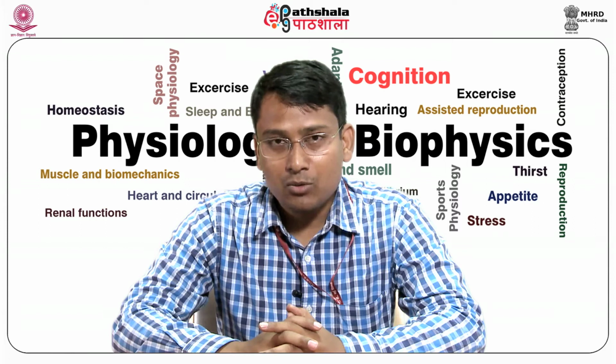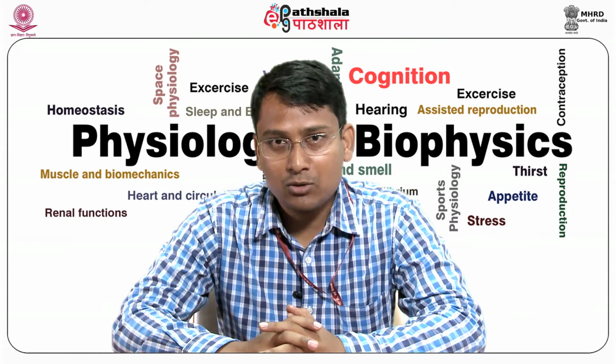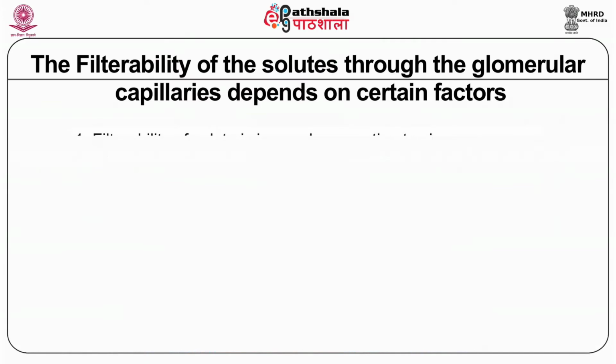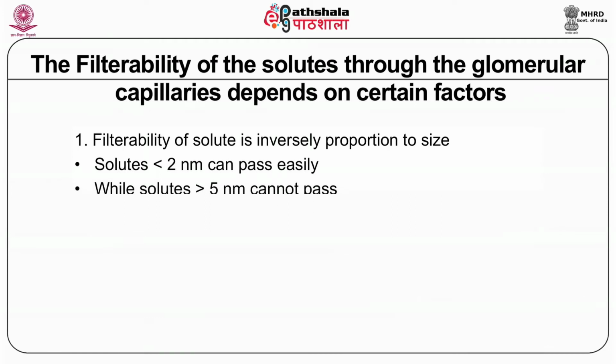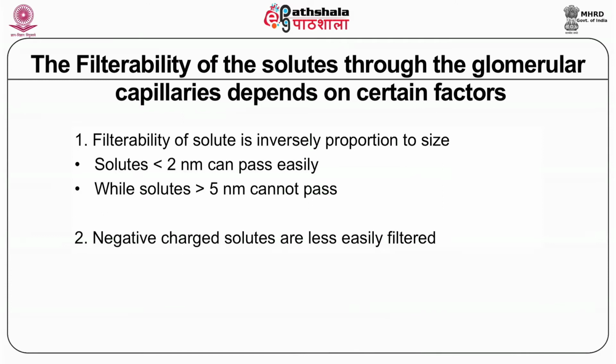So, coming to the filtrability, what solutes are allowed to pass through the glomerulus and what are not. Filtrability of the solutes through glomerular capillaries depends on certain factors. The first factor is that it is inversely proportional to the size of the solute. That is, solutes of size less than 2 nanometers can pass easily, while solutes of size more than 5 nanometers cannot pass.